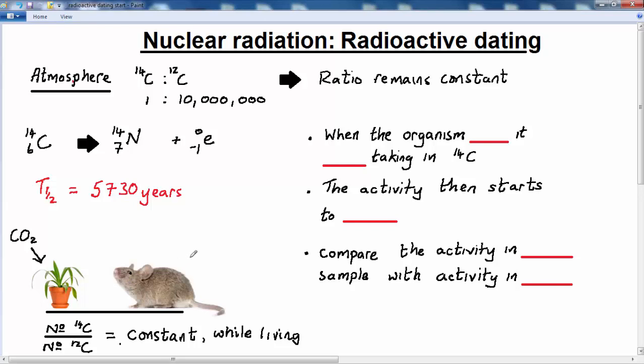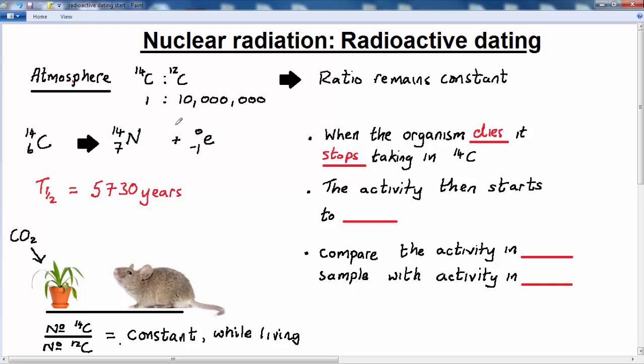Now then, once we've made that assumption, we can then say, well, what happens when the organism dies? Well, when the organism dies, it stops taking in carbon-14. It stops taking in carbon, but it will stop taking in carbon-14.